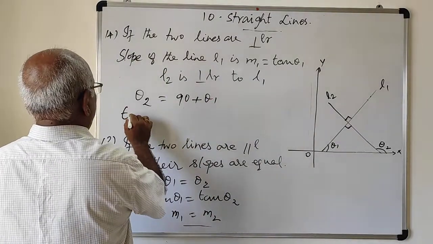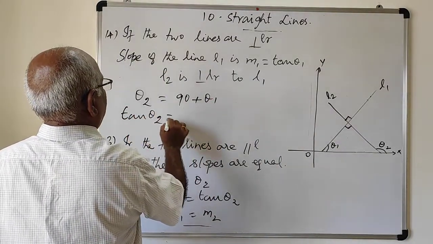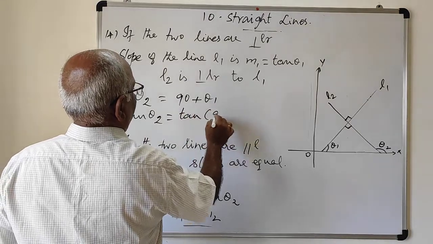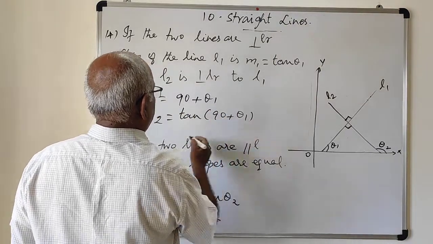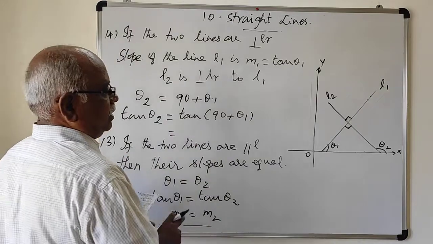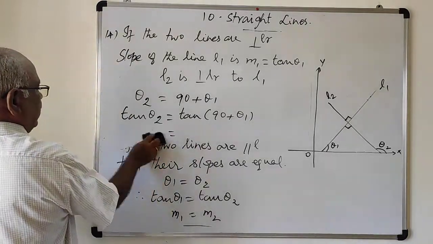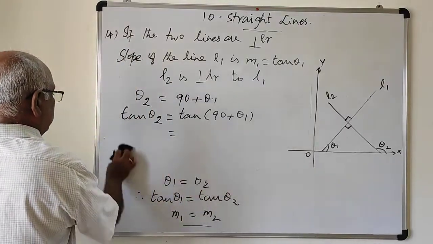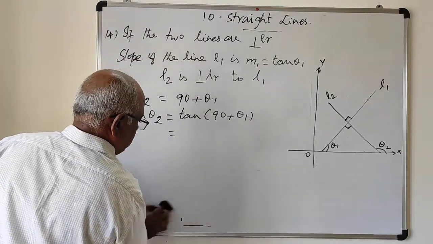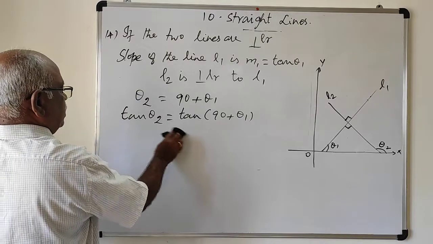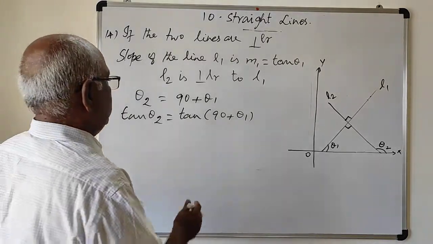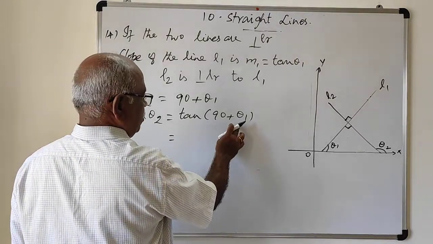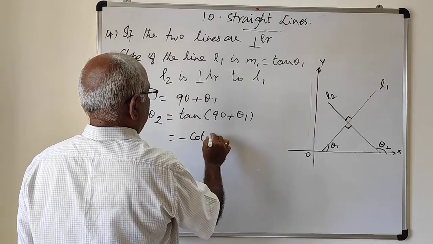Therefore, tan theta 2 equals tan of 90 plus theta 1. What is that? 90 plus theta is in the second quadrant, where tan is negative. Since 90 is an odd multiple, tan changes into cot. Therefore, tan of 90 plus theta 1 is minus cot theta 1.